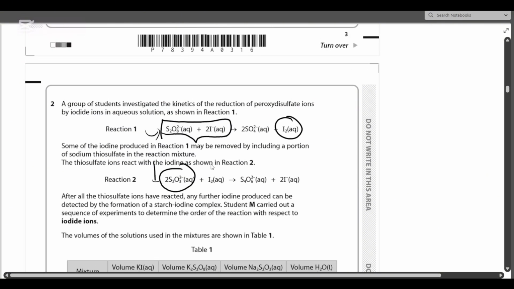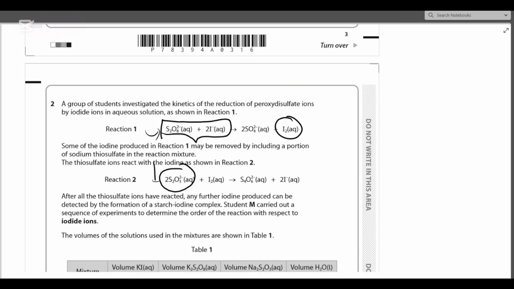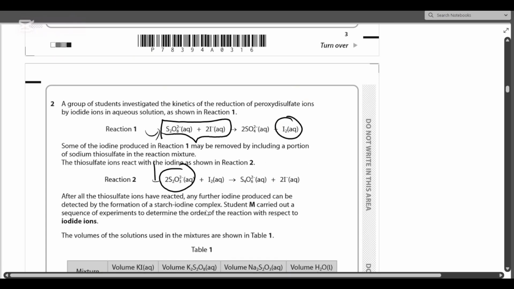Okay, because we want to check the color change when the starch-iodine complex is produced, when the iodine produced in reaction 1 reacts with the starch, not the iodine that we want removed by the thiosulfate ions in reaction 2. So it is very important that reaction 2 finishes faster and first compared to reaction 1.